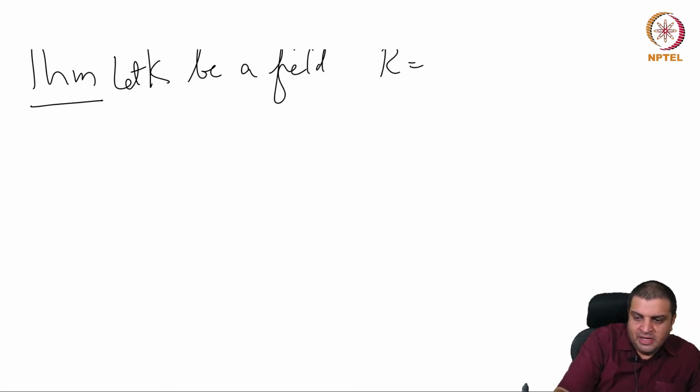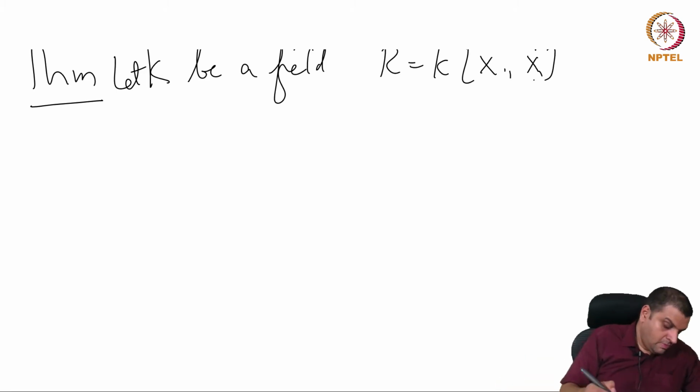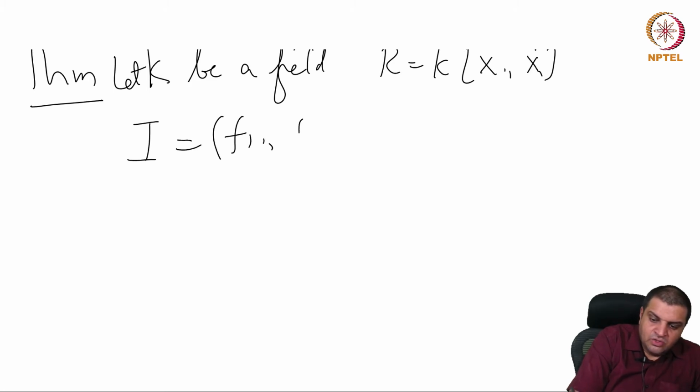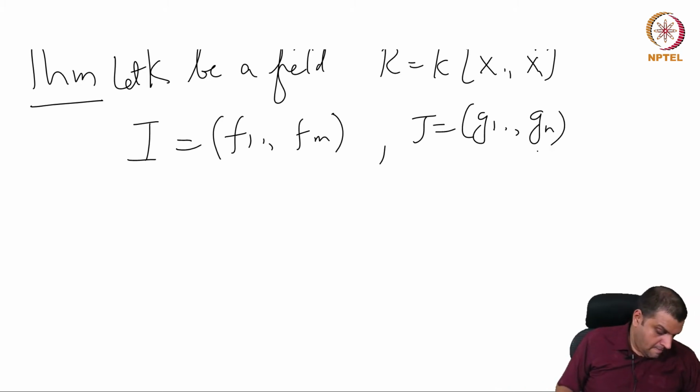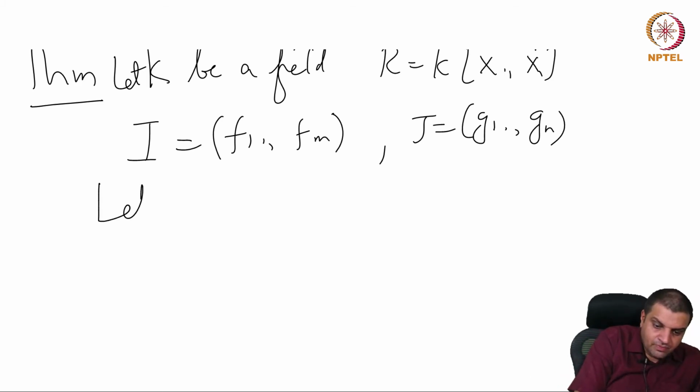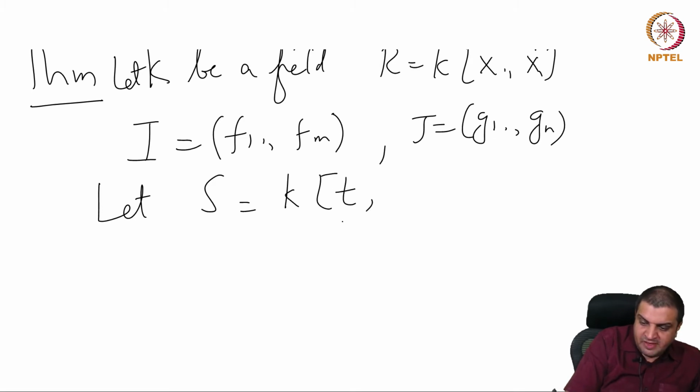R is a polynomial ring in n variables. I is an ideal generated by F1 through Fm, and J is an ideal generated by G1 through Gn. So both are ideals. Let S be a polynomial ring in one extra variable, x1 through xn and t.